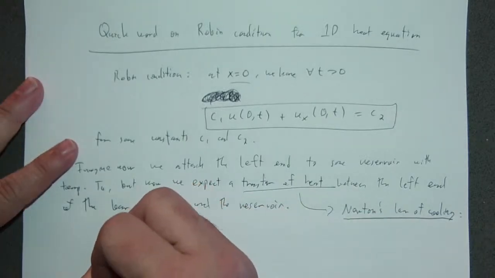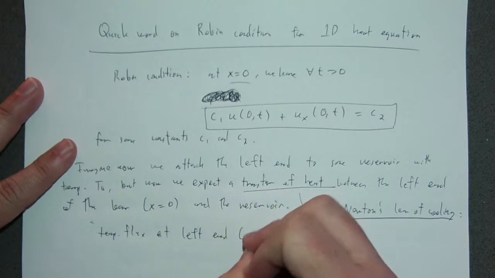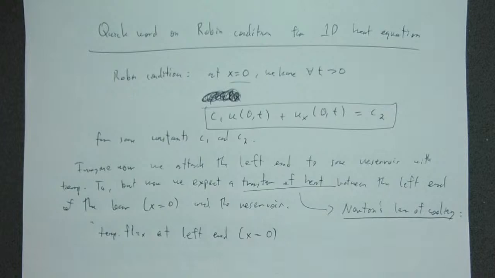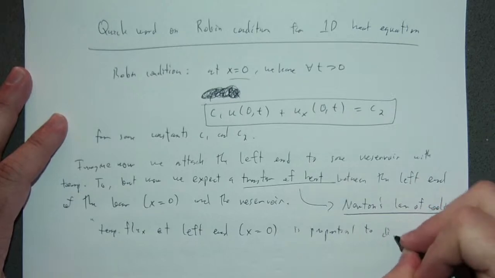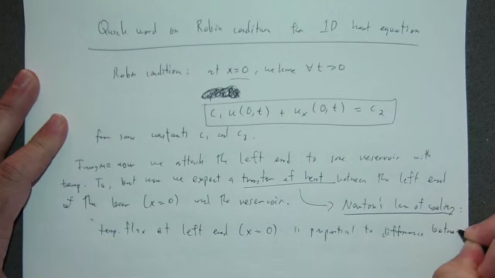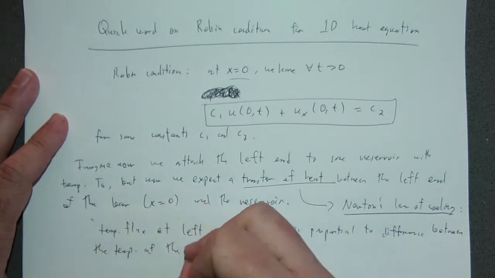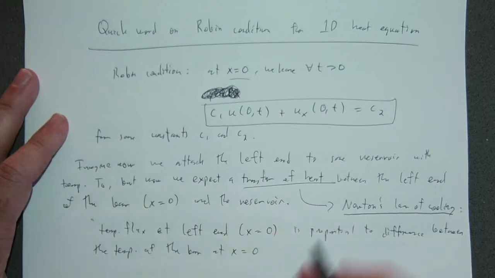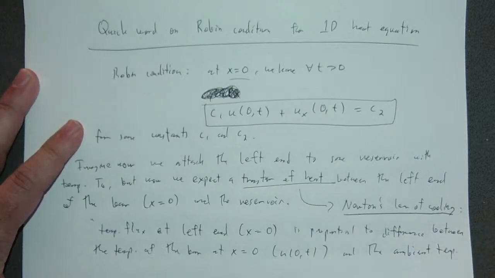So the temperature flux at the left end is proportional to the difference between the temperature of the bar at x equals 0, which is, of course, this temperature, my Dirichlet condition, and the ambient temperature of its surroundings.